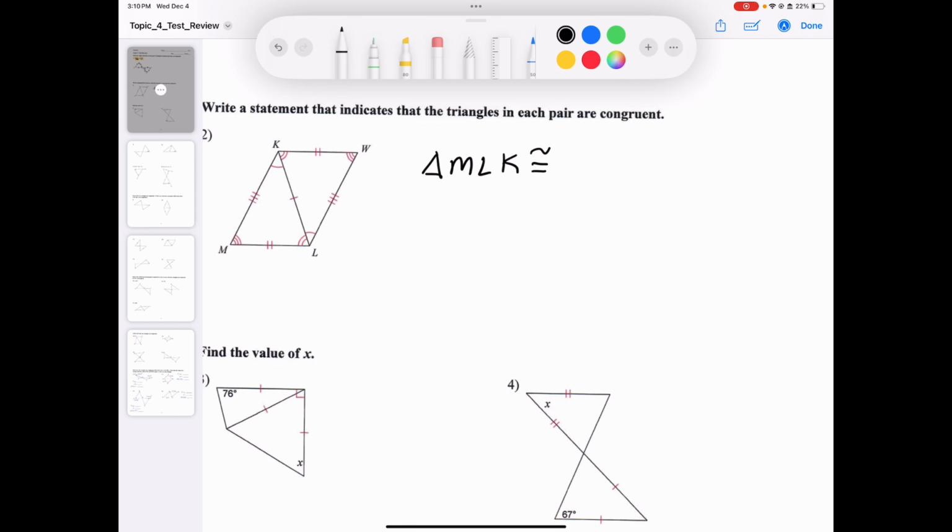Now I got to go look at M. M has 3, so I need the one with 3, which is W. So that's got to go triangle W. And L has 2, and L and K have 2, so it's a little bit different. And then K and L. There it is.